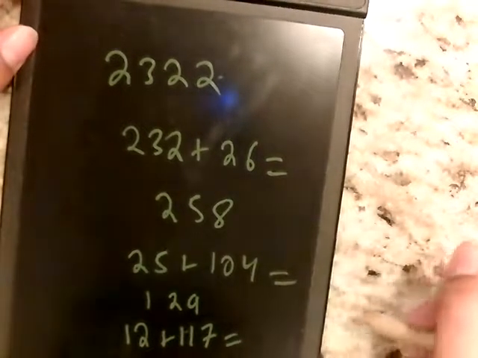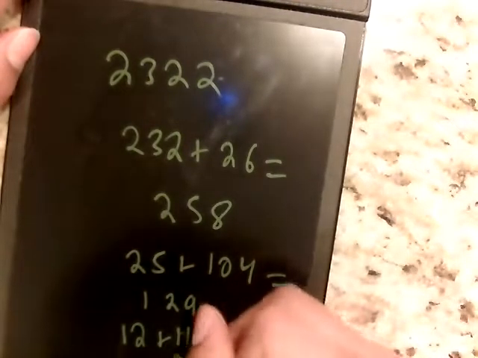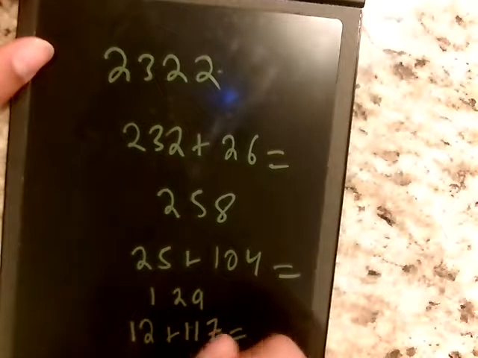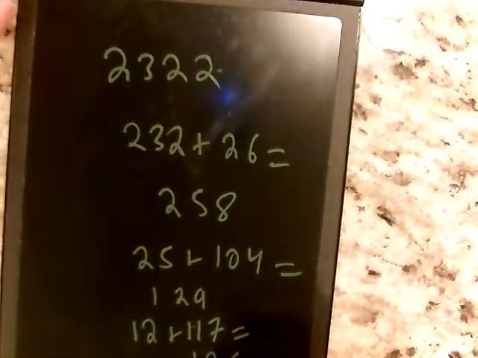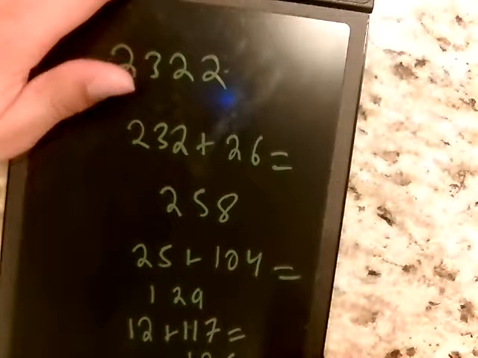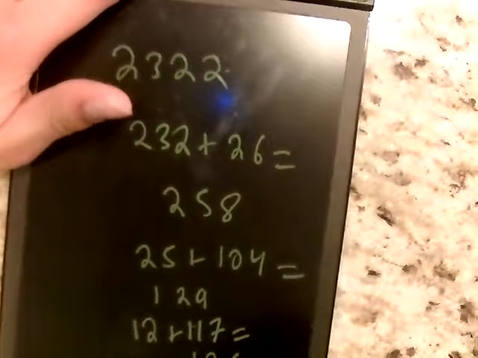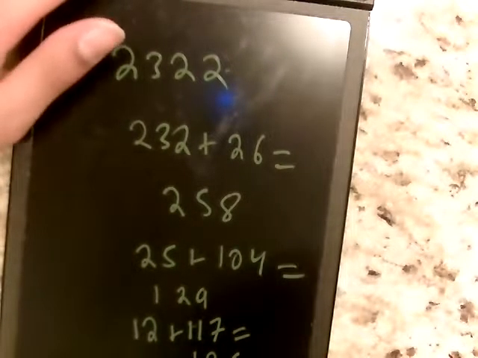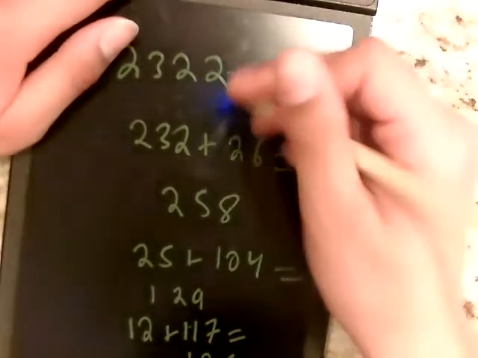This isn't really helping, is it? It's 125, and then 12 plus 65. This would get very long. That's 77, and then okay, did I mess up again? Seriously? Yeah, I messed up.